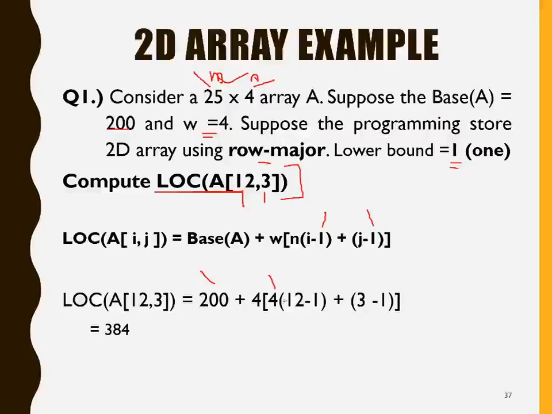So I can put the value of n here as 4, and 12 is your i value minus 1 lower bound. This is the j value minus 1 lower bound. It will give me the address as 384. This is how we can calculate the address of a particular element inside the 2D array based on row major or column major representation.